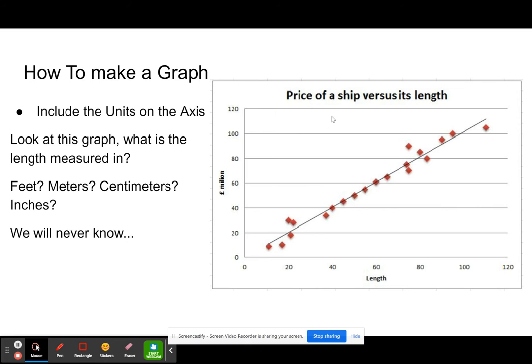Because if we're talking about the price of a ship in feet, that's very different from, let's say, the price of a ship in inches. We're talking about two very different scales of ship. We could be talking about some kind of origami ship if we're talking in inches, versus if we're talking in feet, we're talking about things like a yacht or a cruise ship.